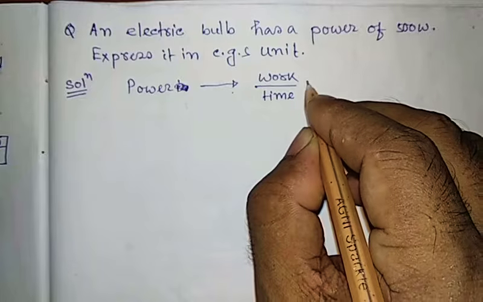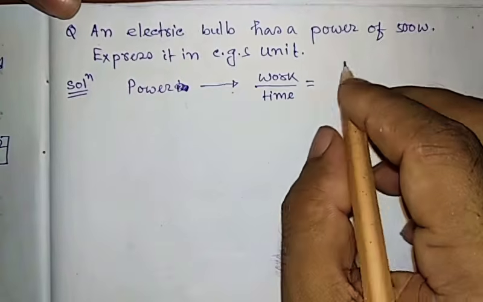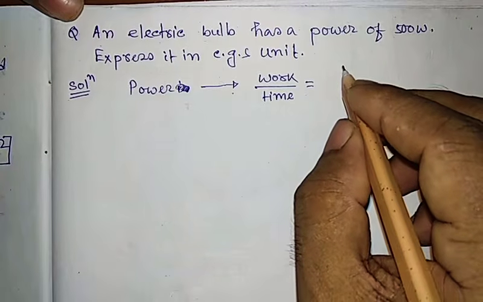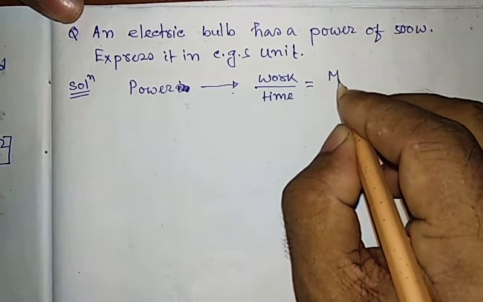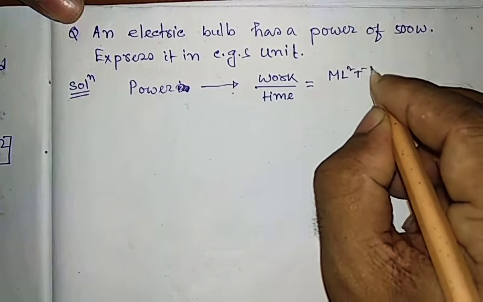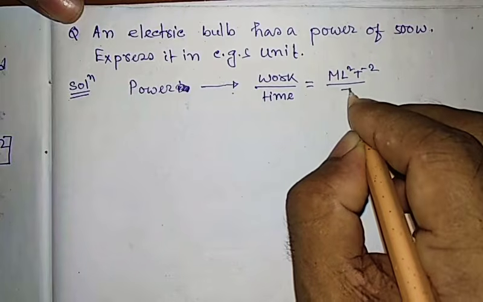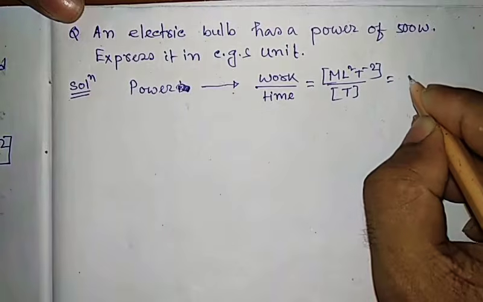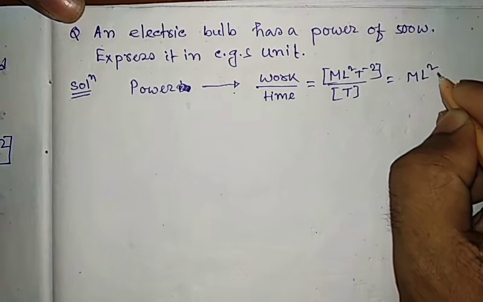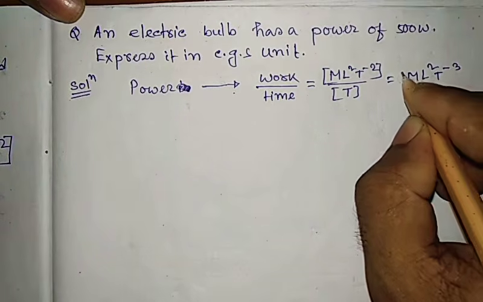Okay, so this is equals to work, work means energy, that means force into displacement, M L square T to the power minus 2, divided by T. So M L square T to the power minus 3.